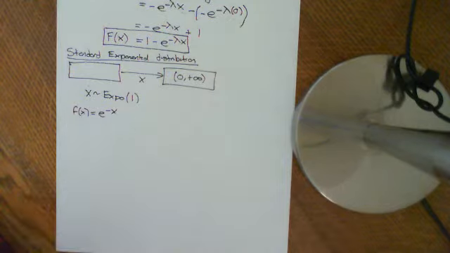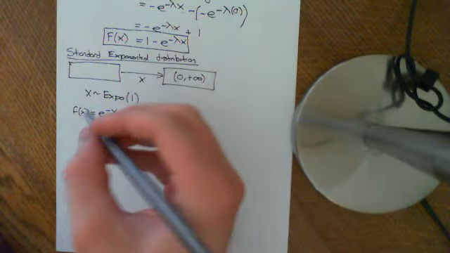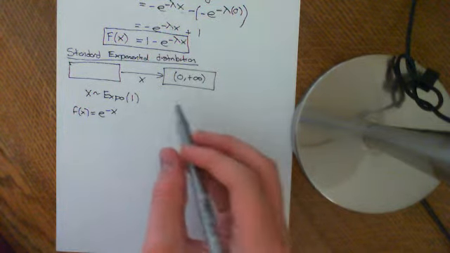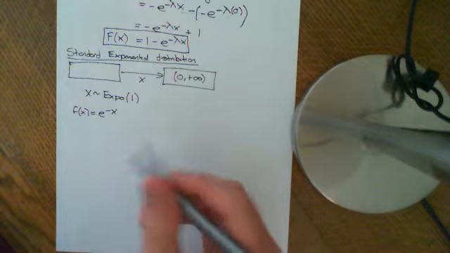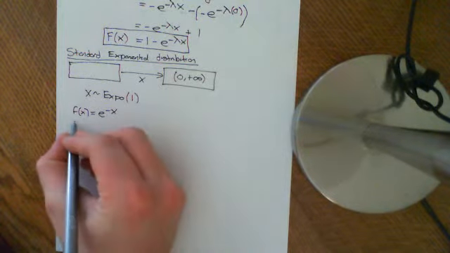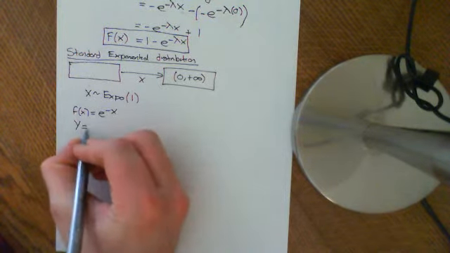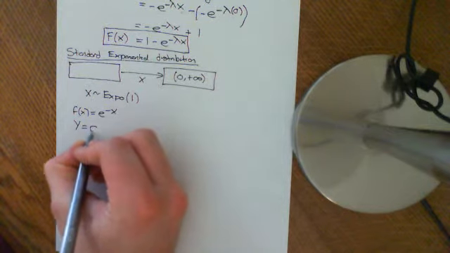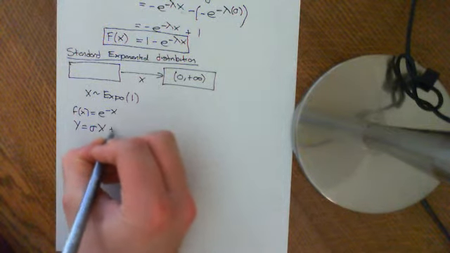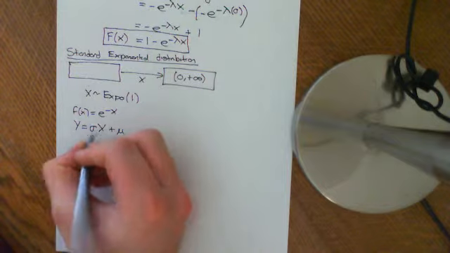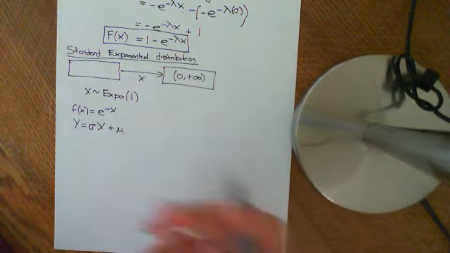And just as in the case of the general normal distribution, if you remember, we called the general normal distribution y, and we found that it was equal to sigma times x plus mu, where x was a random variable distributed standard normally.